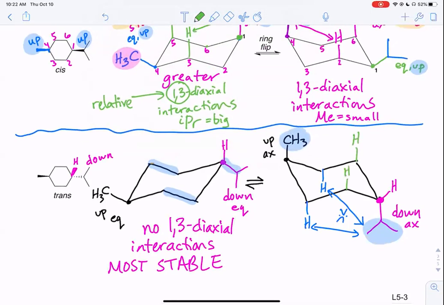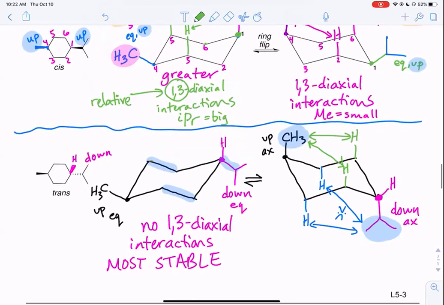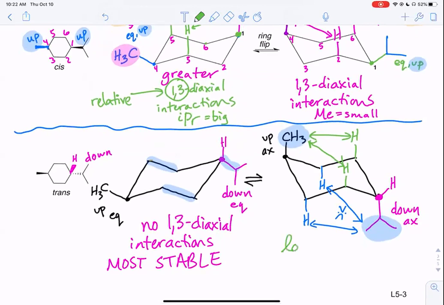Those are pointing up. So each axial substituent has 1,3 diaxial interactions. We can just make that note, lots of 1,3 diaxial interactions. Remember, 1,3 is relative. They're 3 carbons away. So this is the least stable.